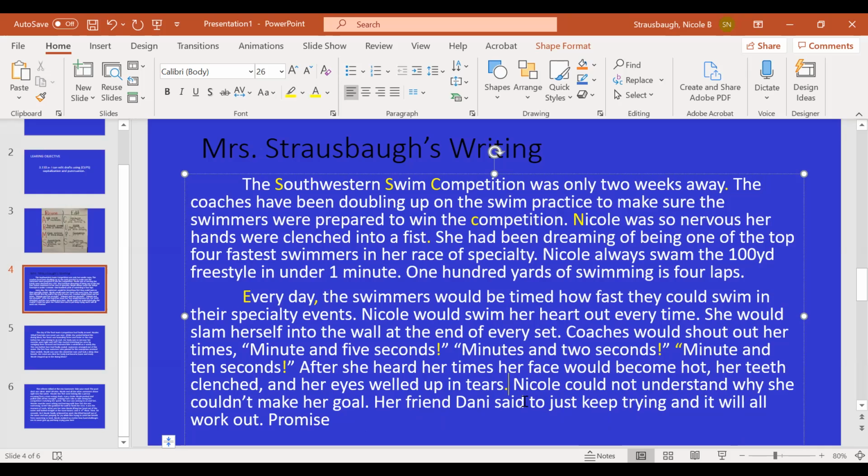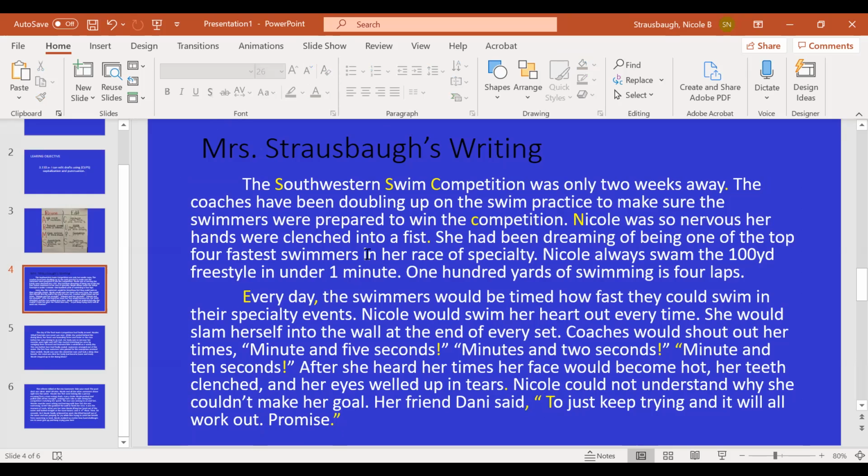Well, this sounds like a grammatical error, but then again, if she is saying this, then I'm going to put a comma here and then quotations. And then just fix this to capitalize because the person is talking. To just keep trying and it will all work out. Promise. All right, because that's one complete thought. Let's do that. Okay. All right.